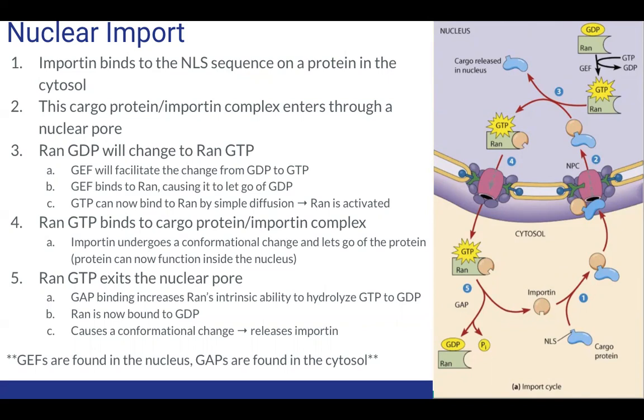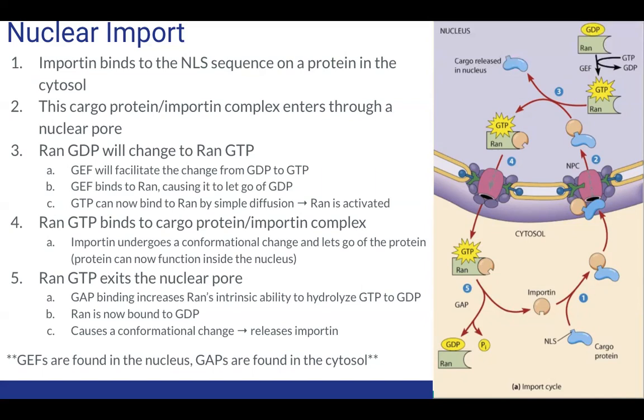Once that complex is formed, there's going to be a conformational change that releases the cargo protein. Now that cargo protein can function inside of the nucleus. And then that GTP-bound RAN complex with importin is now able to exit the nucleus.